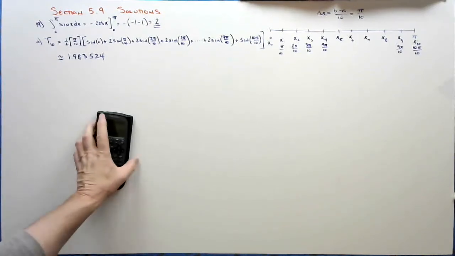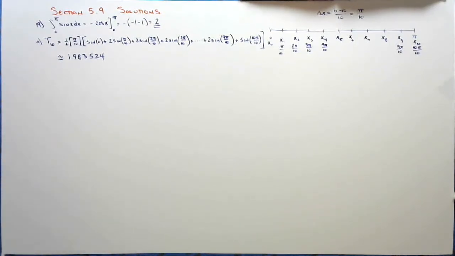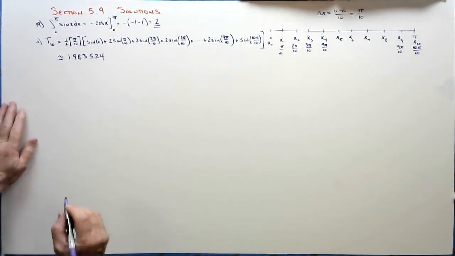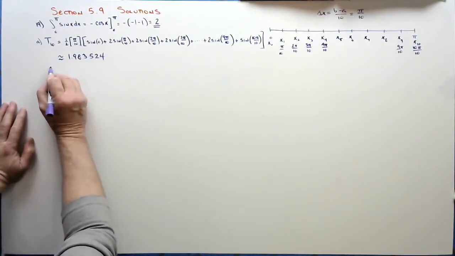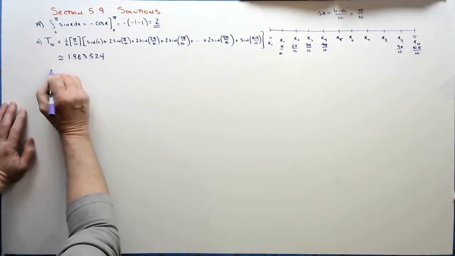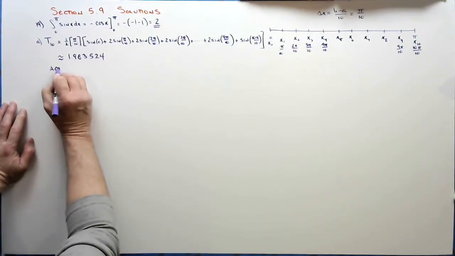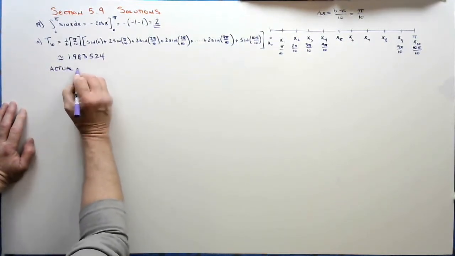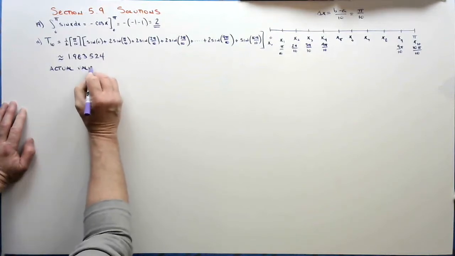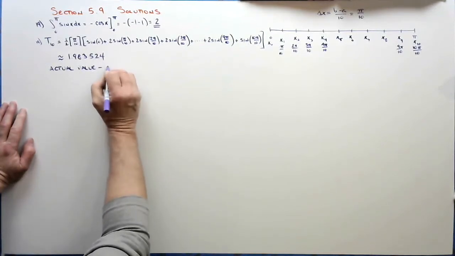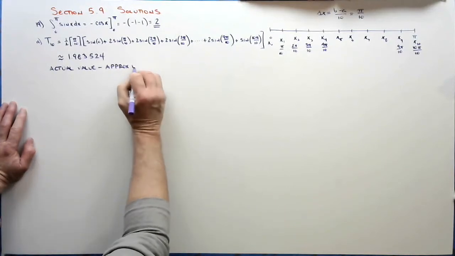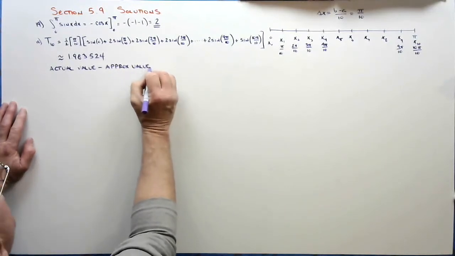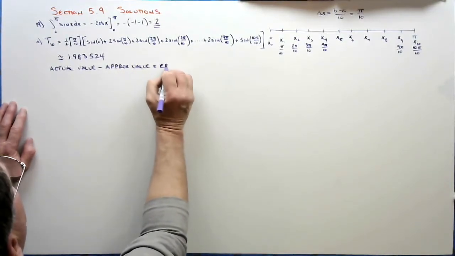Now, from here, we're asked to find the midpoint, M sub 10. Oh, we have to find the error. We might as well do that right now. So the actual value minus the approximate value equals our error.